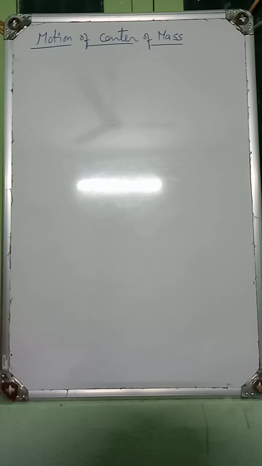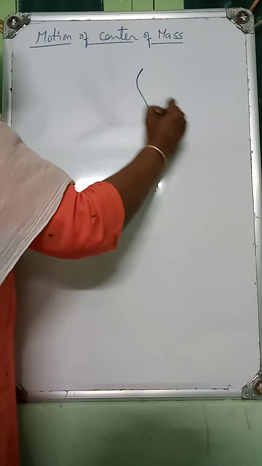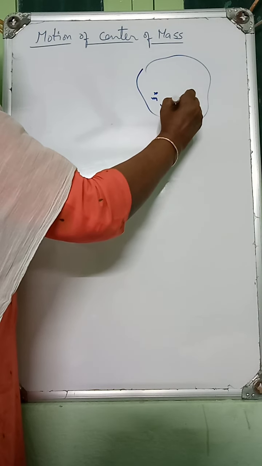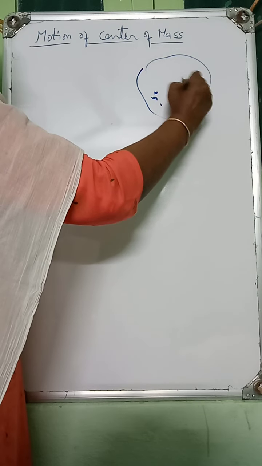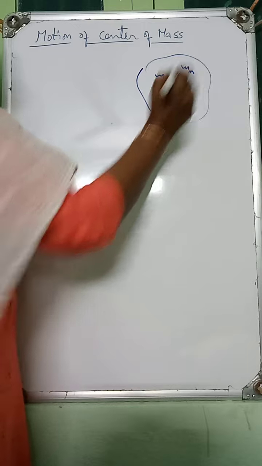Now we are going to discuss the motion of center of mass. For that purpose, consider a system having n number of particles m1, m2, m3, m4, and so on up to mn.